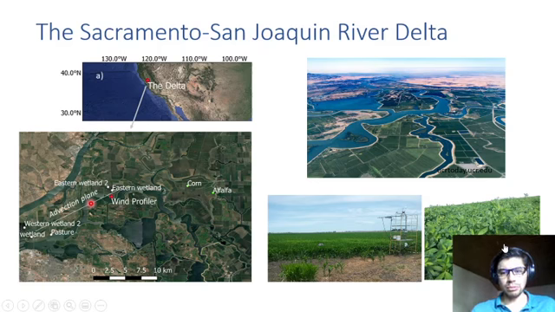This is important because currently the Department of Water Resources in California is trying to convert a lot of these agricultural lands back to the original wetland land cover, which would enhance the formation of soil and therefore reduce some of the critical land subsidence that may affect the distribution of water to all California.